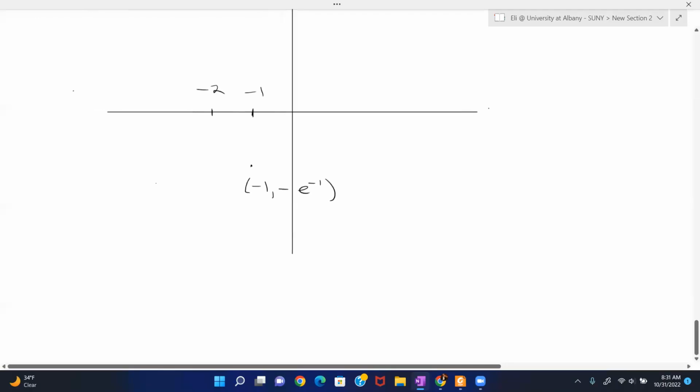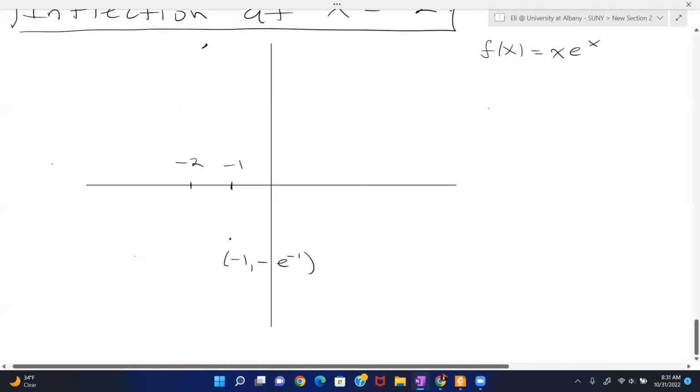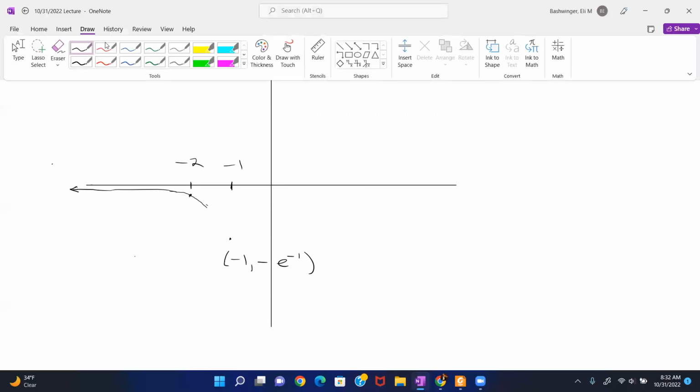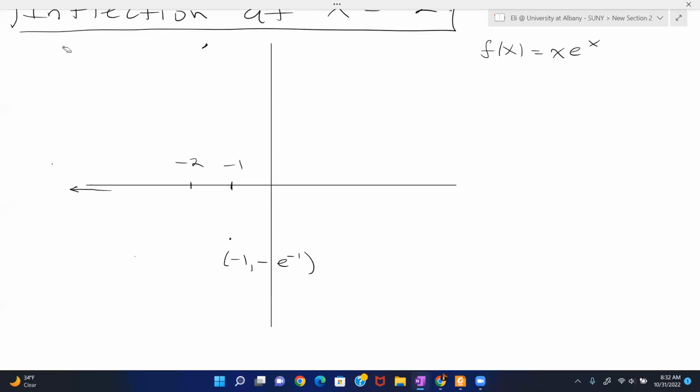All right, so now we know that as you go out to infinity, you have to approach the x-axis, so we're concave up, and then at this point we're concave down. It's hard to tell that's concave up, so let's make it a little bit clearer that it's concave up and concave down.